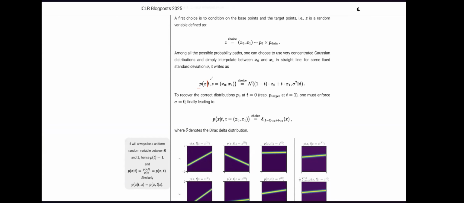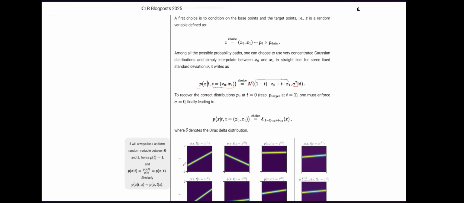Probability of X given some specific time point and given a sample x0, x1 is by choice a normal distribution of alpha or Q. Very, very good. Some interpolation between x1 and x0 plus some small noise. Some small noise, right? So what does that mean?